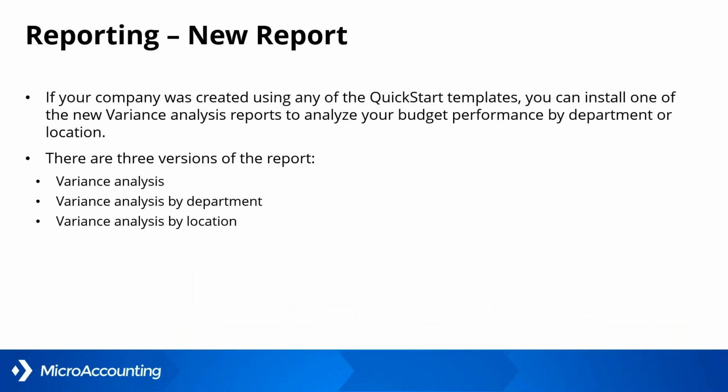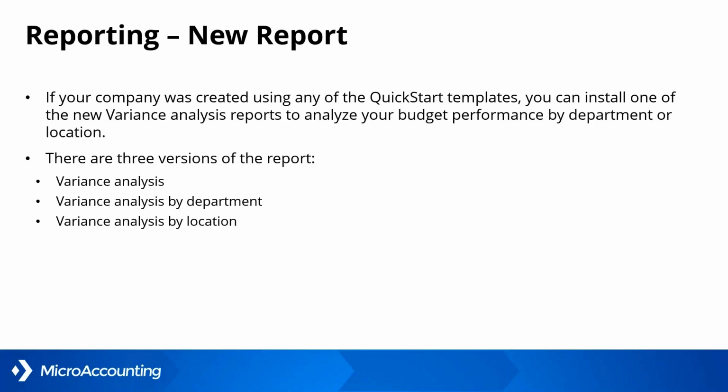There's a new report available. So all of our companies, all of our clients, when we set you up, you're created with what we call a quick start template. That's why you have a lot of those canned reports, if you will, that come with the system. So those are part of this quick start template.